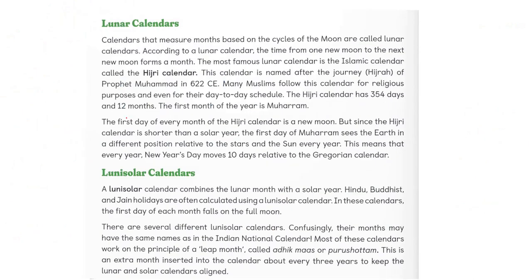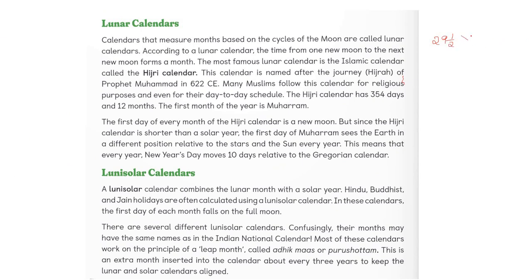And the second type of calendar are lunar calendars. We know what is a lunar month, children? The lunar month is the time between 2 full moons or 2 new moons. How many days will be there in a lunar month? 29.5 days.